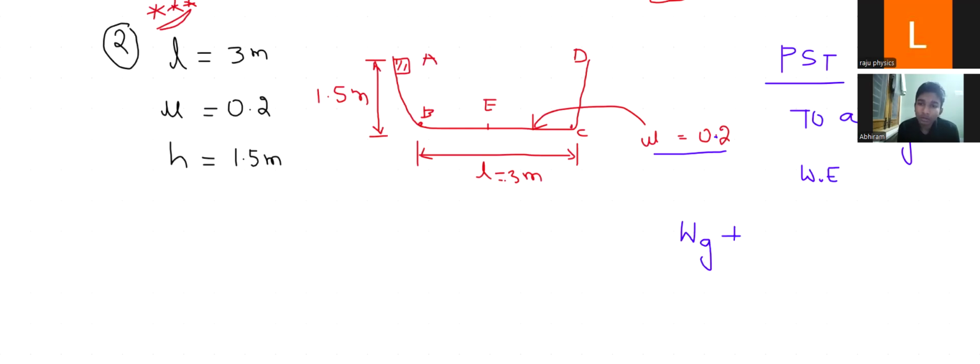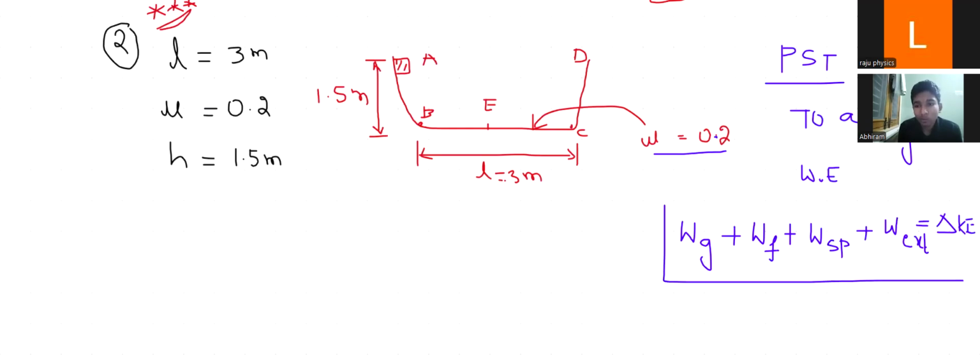If you take a spring, due to spring force, work is done. And due to some external force, work is also done. The total of all these works is equal to the change in kinetic energy.